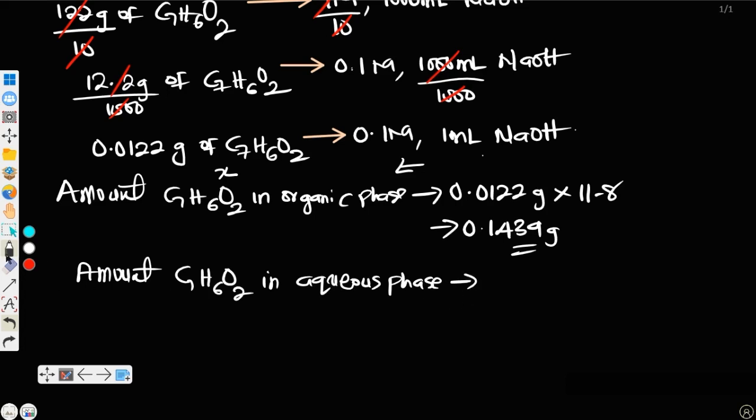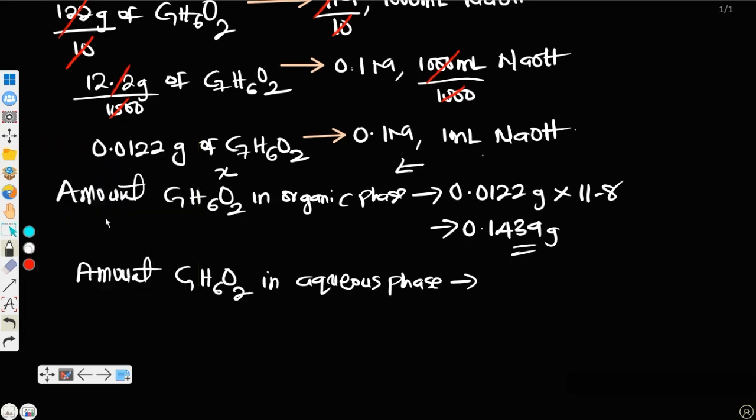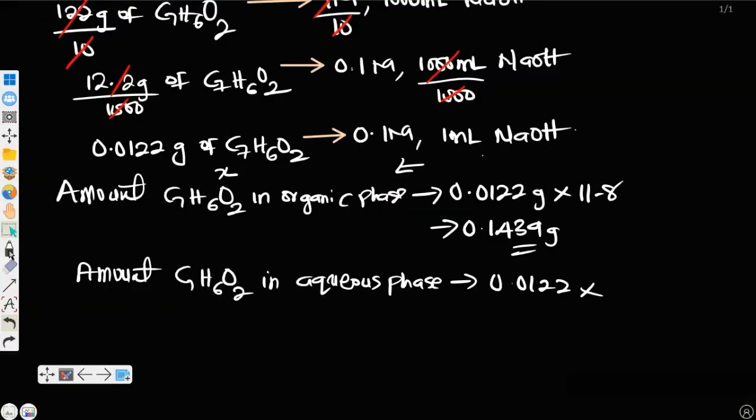In aqueous phase, the amount that will be present will be very easy, right? It will be this 0.0122 times the titer value for the aqueous phase, which is 8.2 ml. So you come here and say multiply by 8.2, because I told you that ml, when you cross multiply here, is going to cancel.